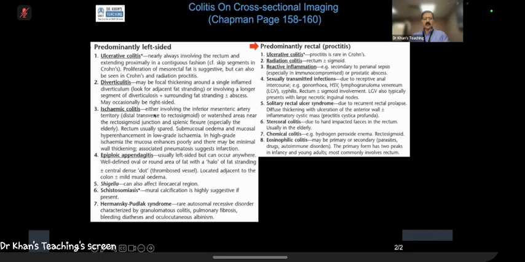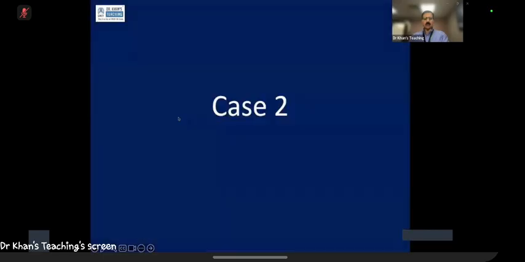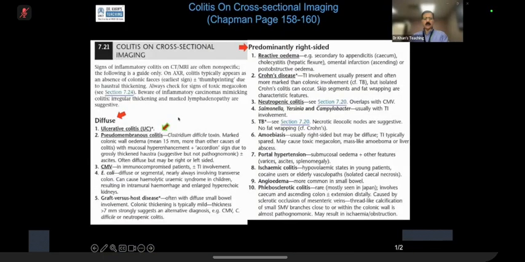Please remember that ischemic colitis, if it is because of the SMA, please remember this is an exam question, that the SMA supplies the small bowel as well as a portion of the transverse colon. So right-sided ischemic bowel will usually be associated with small bowel ischemia, but at times when there are embolic infarcts, it might not.